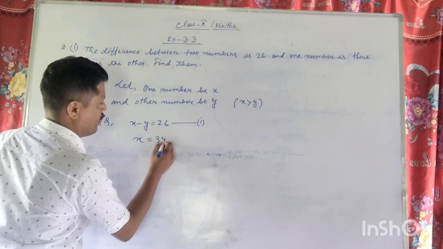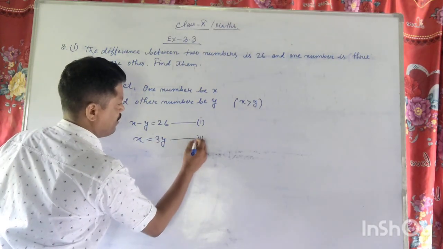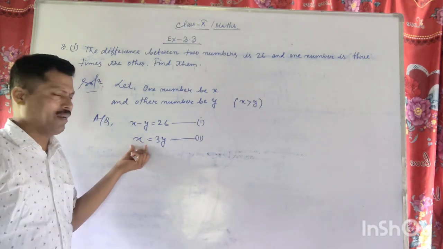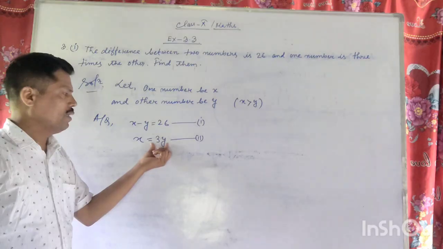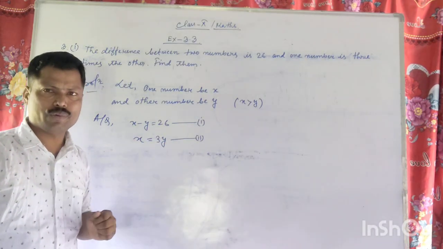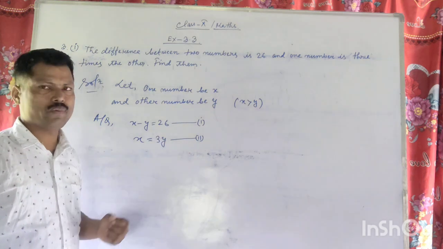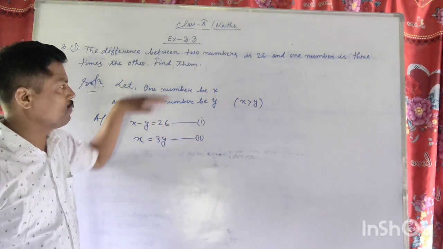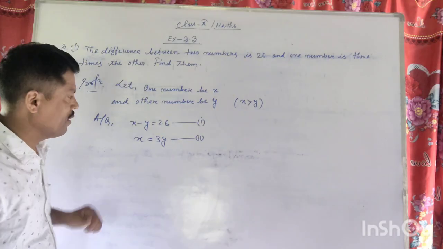So 3y we can write this. 3 times of other means 3 into y, that is 3y. So one number x is equal there 3y. So we have got here two equation, we have to solve these two equations. After solve this, we will get one number and other number. Let it solve now.